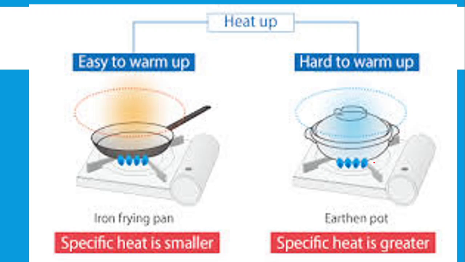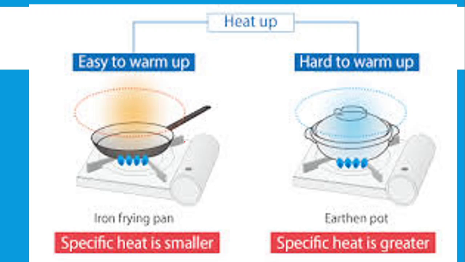The reason why we cook our food in iron frying pans is that they're easy to warm up, so their specific heat is smaller. If specific heat is smaller, it basically means that they require less heat to get more temperature rise.